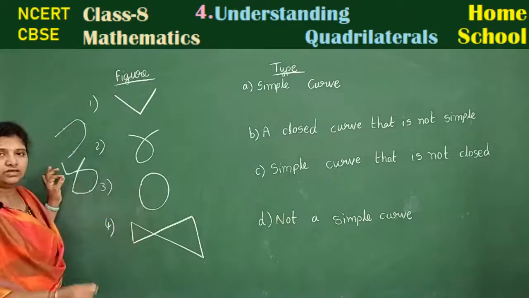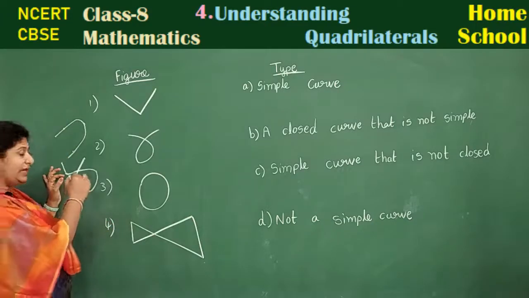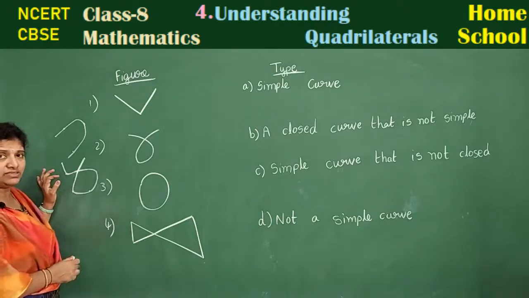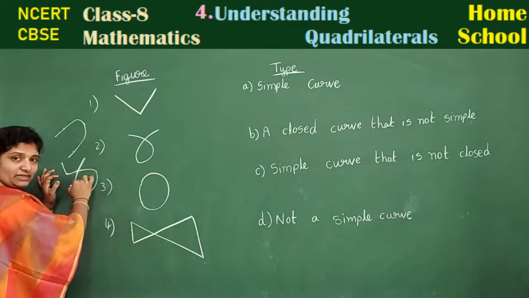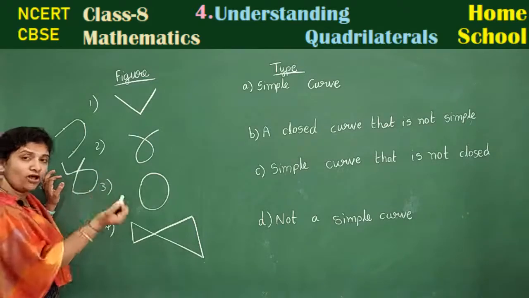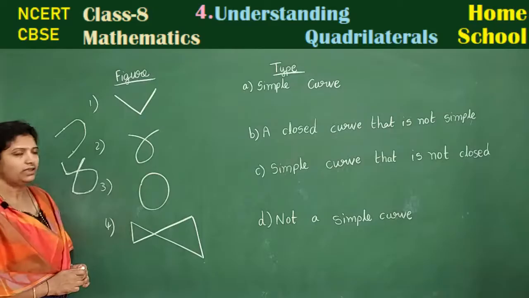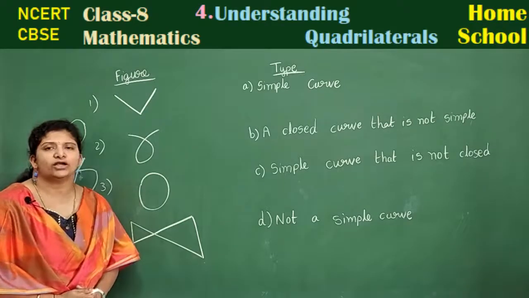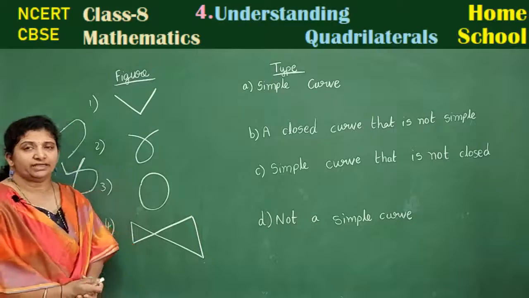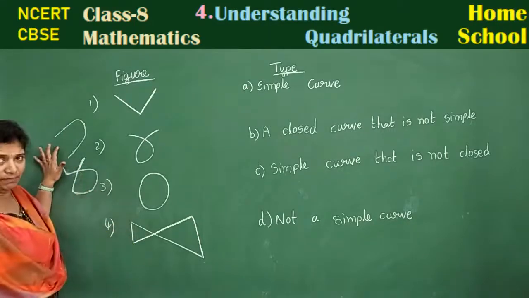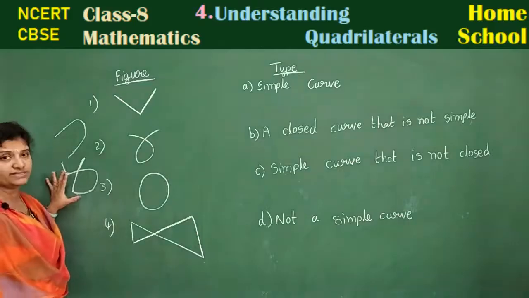I have retraced the line. Retracing the line means the line touches the line which I have drawn before. Then this type of curve is not a simple curve. This is a simple curve. This is not a simple curve.